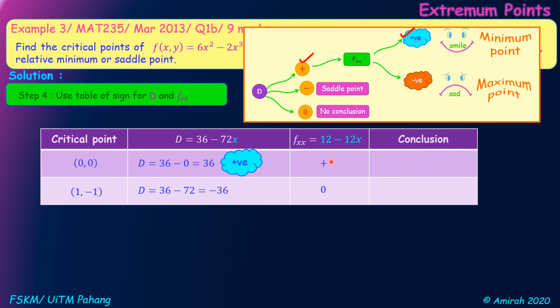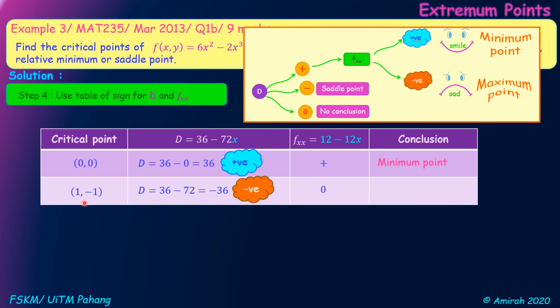Our fxx is also positive. So when D is positive and fxx is positive, we get a smile graph. Smile graph means minimum point. Okay, so we can write here, minimum point.